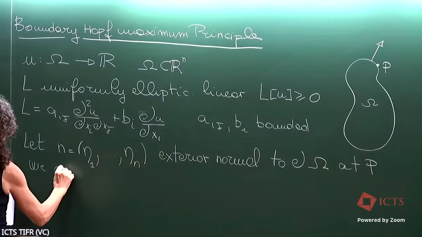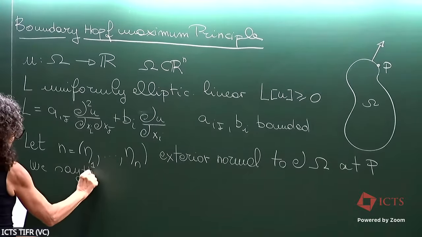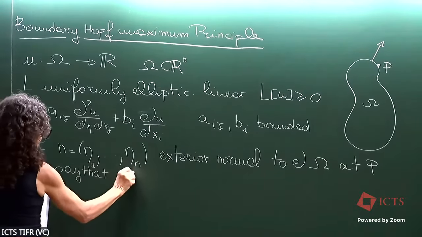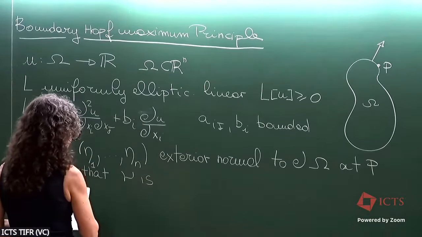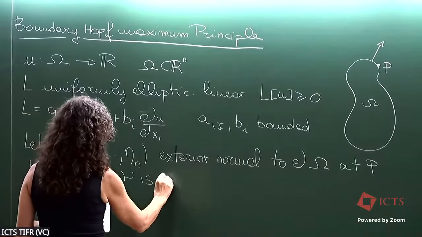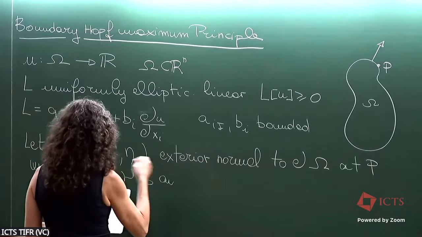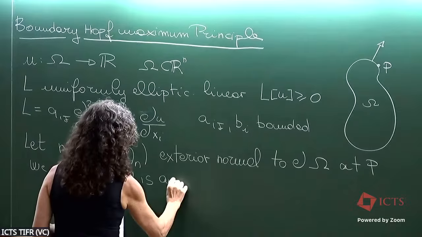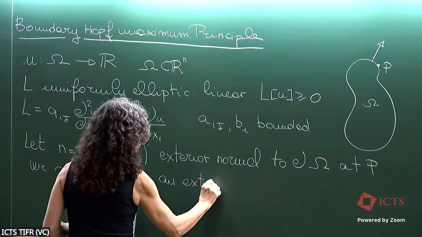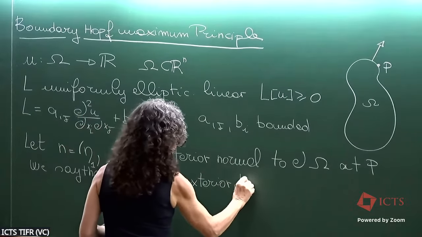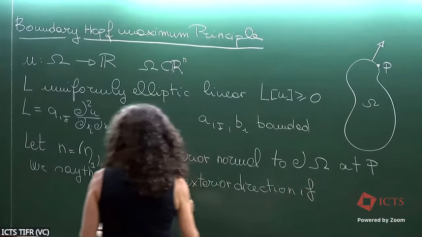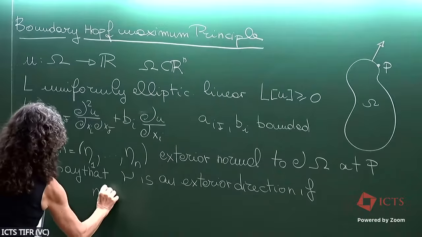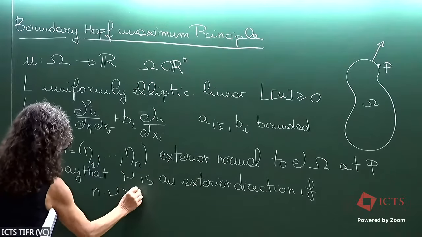We say that nu is an exterior direction if, of course, the scalar product n times nu is larger than 0.